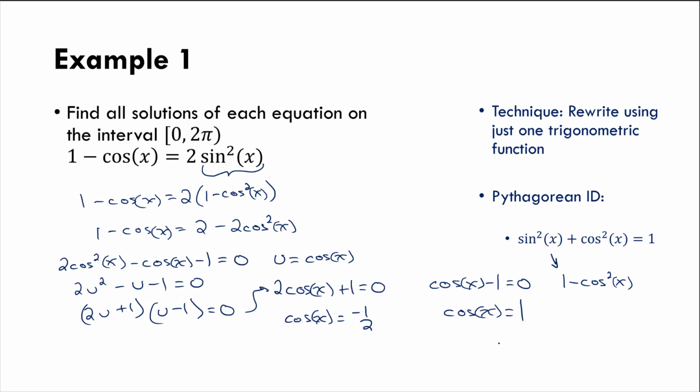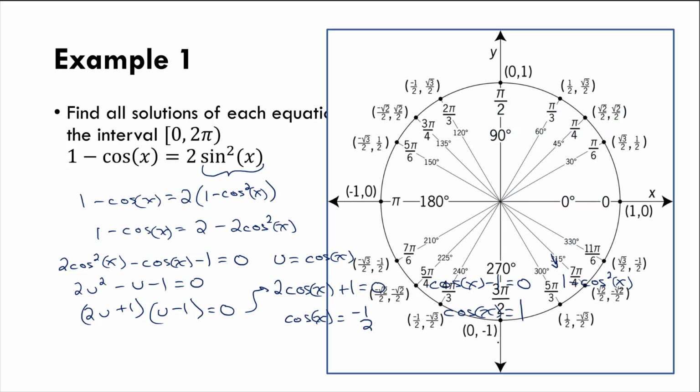Now you can take a look at your unit circle to see where cosine is equal to negative 1/2 as well as 1, and we get x values of 2 pi over 3 and 4 pi over 3 for negative 1/2, as well as, when cosine of x is equal to 1, 0.